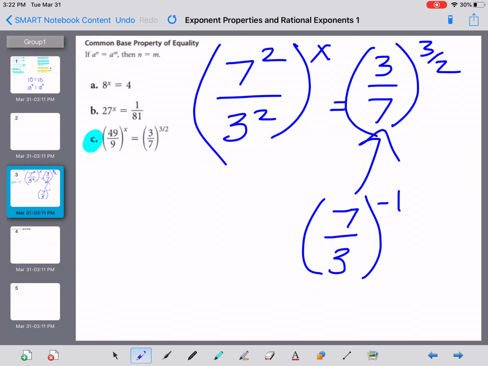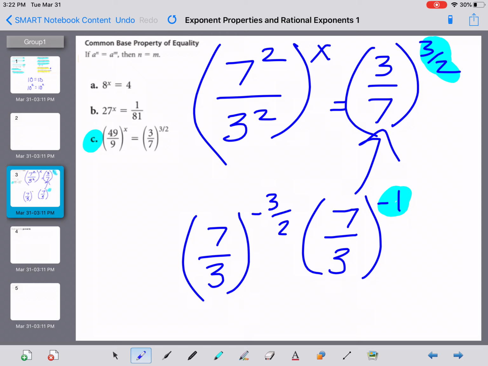But now I just have to apply the pieces that I have here. So 3/7 to the -1 to the 3/2, that would change this whole thing to 7/3 to the -3/2.